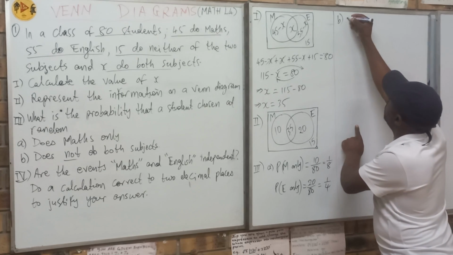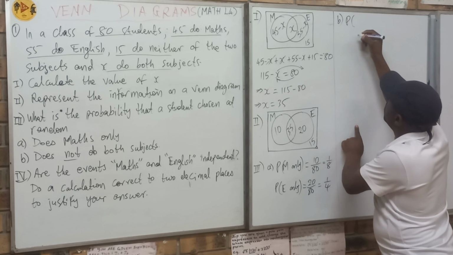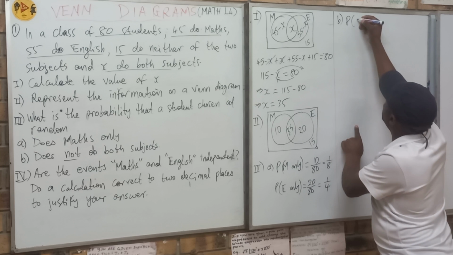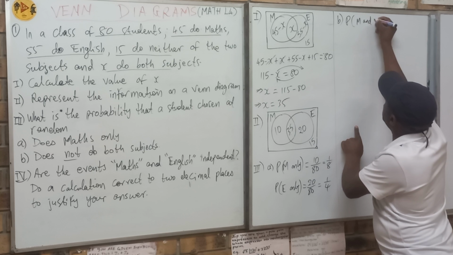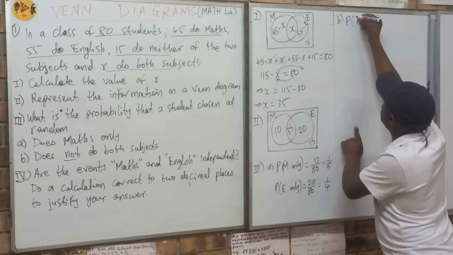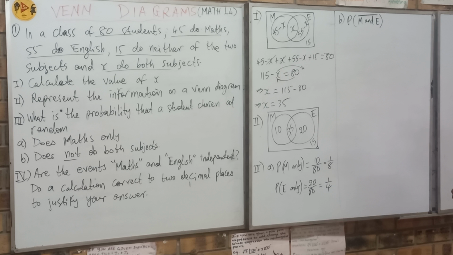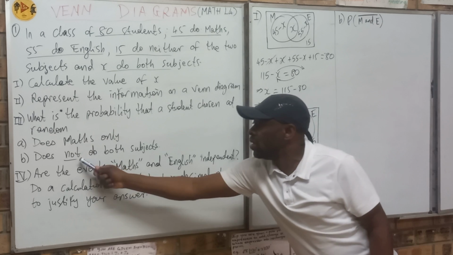So I can see the probability of not offering both subjects, and both subjects will be math and English. So if you are not doing both subjects, you just put a bar there. That's the short mathematical way of writing it. Each time you put a bar in probabilities, it's referring to the not.